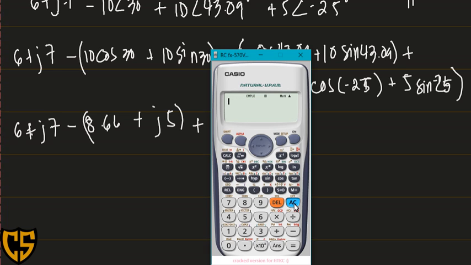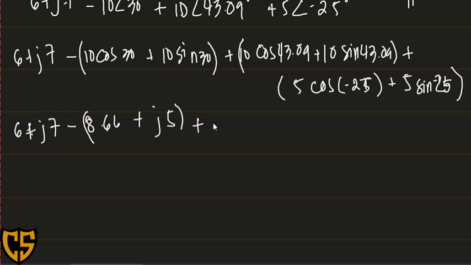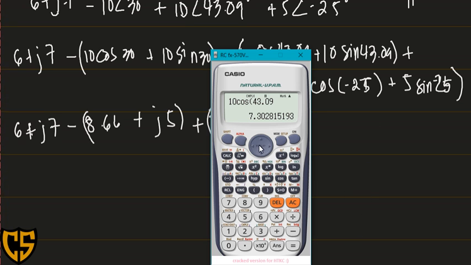So all clear. Then 10 cosine 43.09 is equal to 7.303. Plus 10 sine 43.09, we replace the cosine with sine, is equal to 6.831.